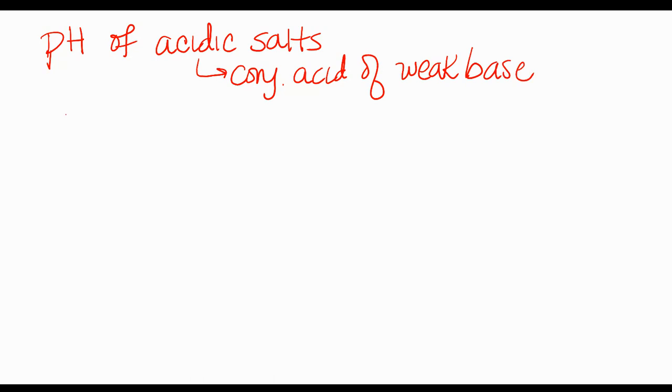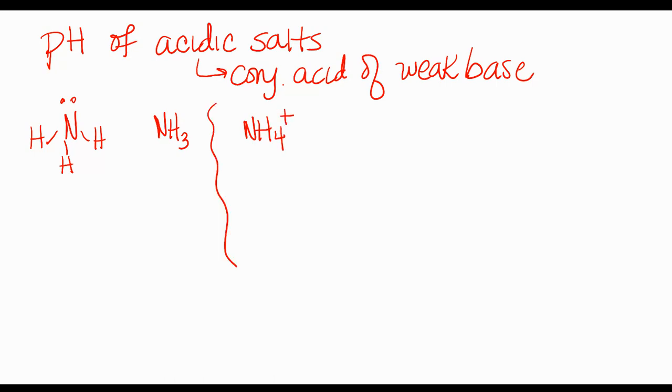So our weak base will be, let's start off with our friend ammonia, NH3. Its conjugate acid is NH4+. So these guys here are going to be these acidic salts.